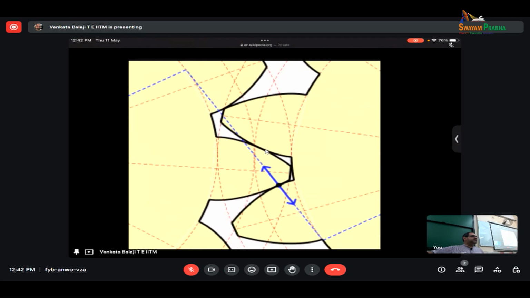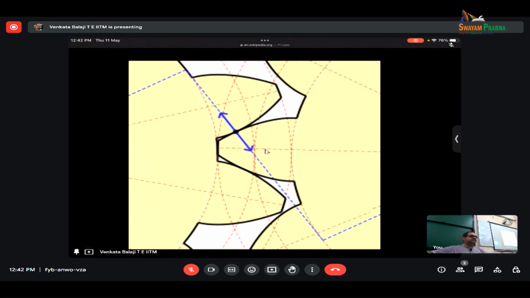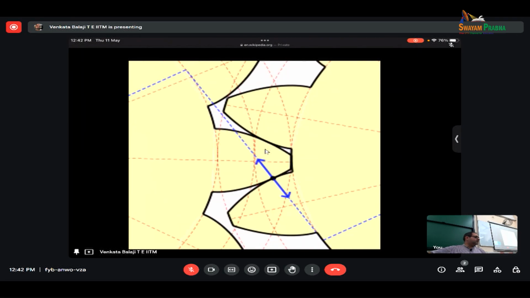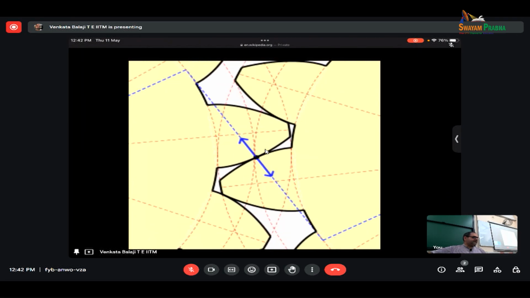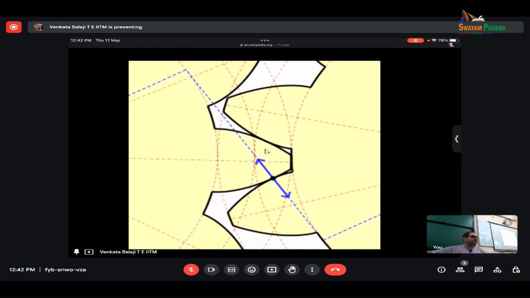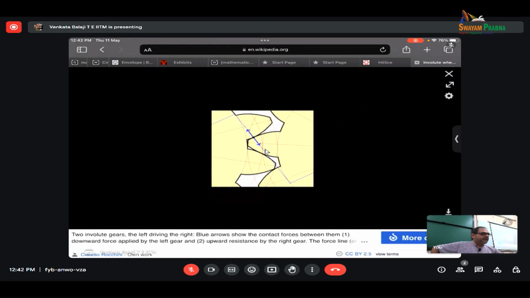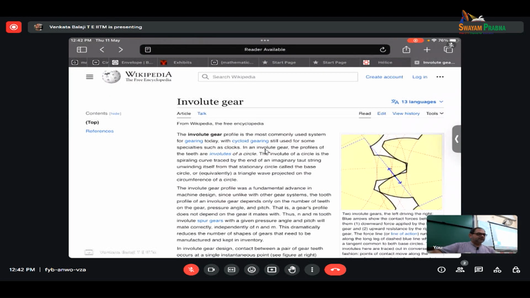The surfaces of the gears are actually involutes, and you can see that blue thing is always perpendicular to the two surfaces. So there is no friction. So this is something that you can see. I hope I have told you enough, and I have also taken more time. So thank you for bearing with me. If anybody has any questions, you are welcome to ask me.